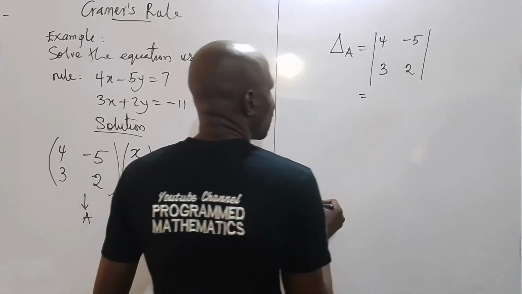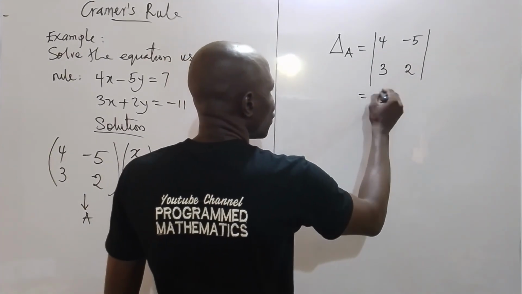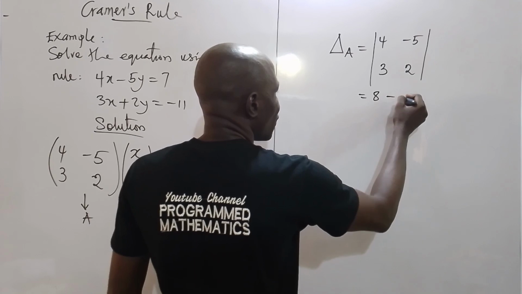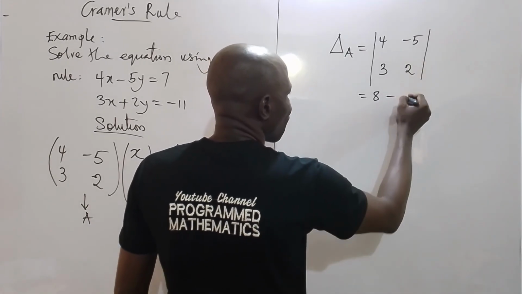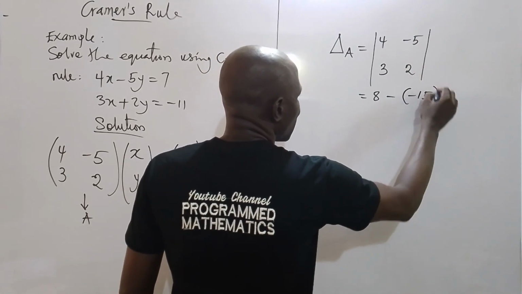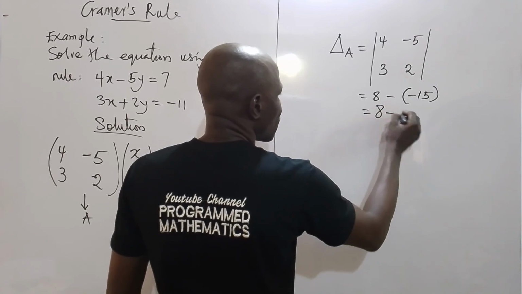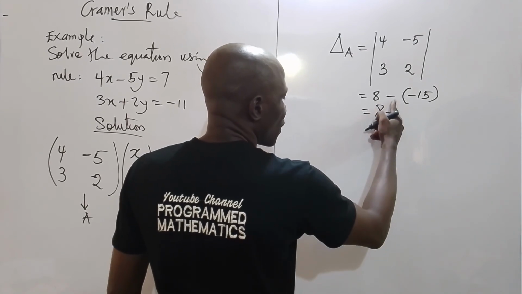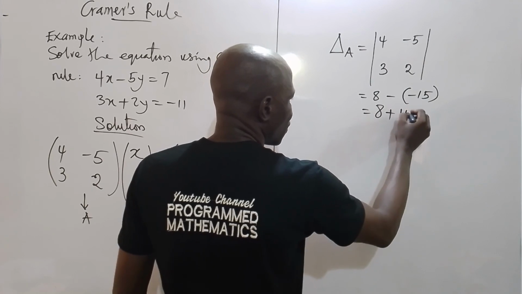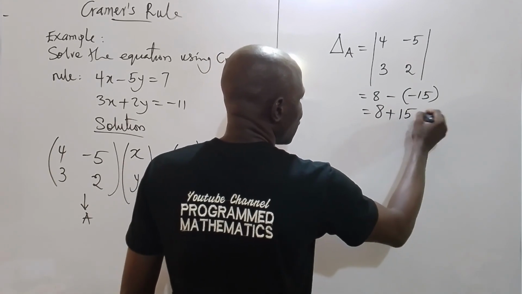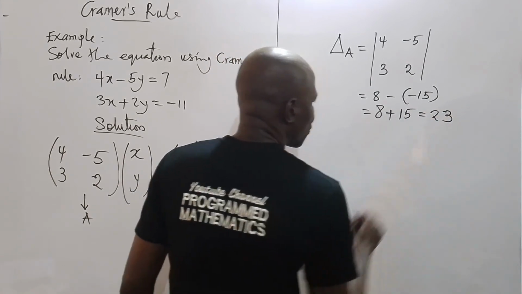If we calculate this determinant, 4 times 2 is 8, minus 3 times minus 5, that's minus minus 15. Minus times minus is plus, so we just change that to plus. 8 plus 15 is 23.